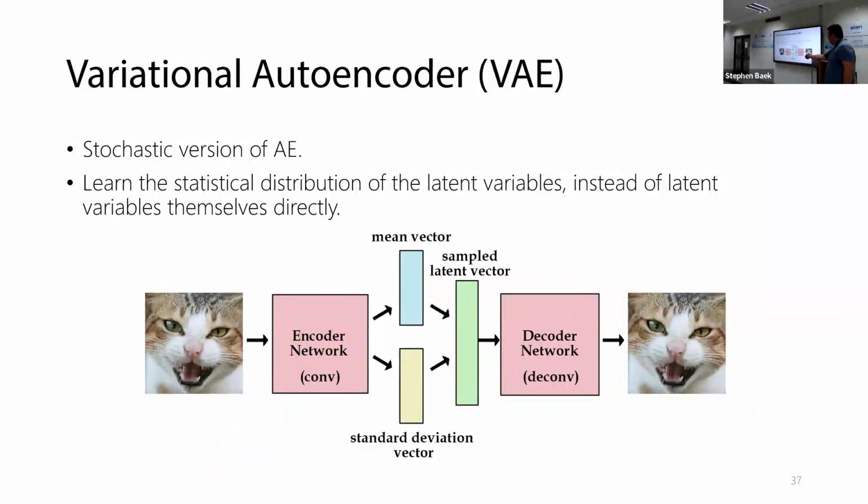And from the mean vector and the standard deviation vector produced by the convolutional encoder, we are going to sample a random latent vector. And again, the random latent vector changes each time during the training iteration. So even for the same mean and the same standard deviation, you can have different latent vectors, the encoding vector.